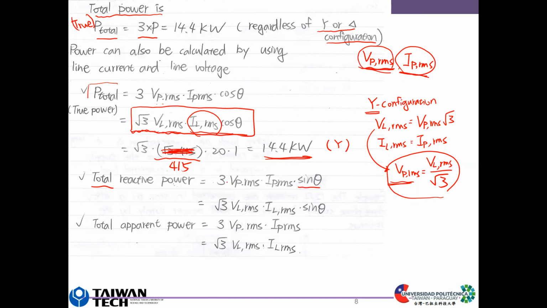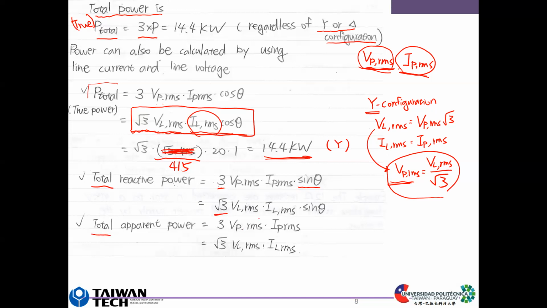So we have 3 times VP RMS, the phase voltage, times IP RMS, the phase current, times sine theta. This is the total reactive power of a 3-phase system, regardless of Y or delta configuration. And if you calculate with line voltage and line current, then the coefficient of 3 becomes square root of 3. Okay, and we also have total apparent power.